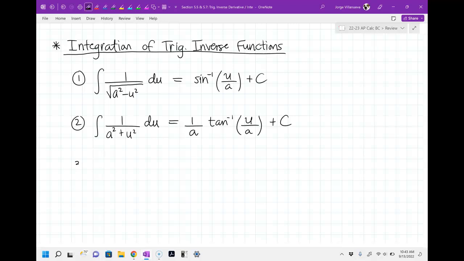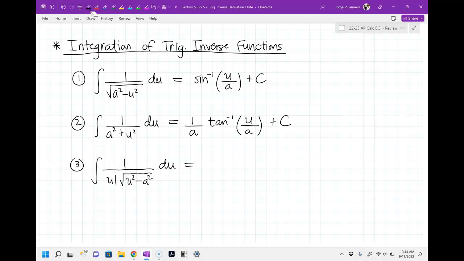And the last one, the integral of 1 over the absolute value of u square root of u squared minus a squared du. Alright, let's see. Well, I guess we don't have to put the absolutes. I thought we did.